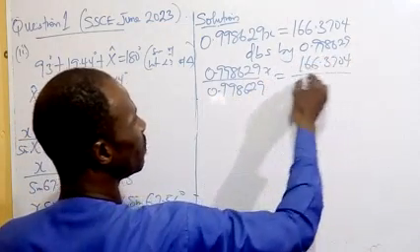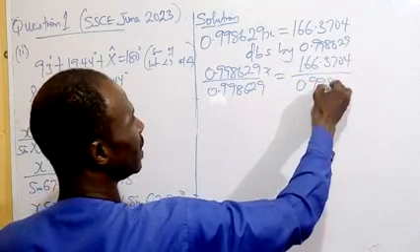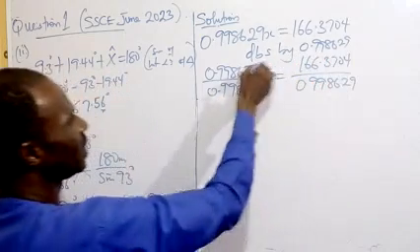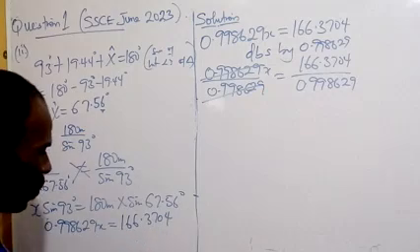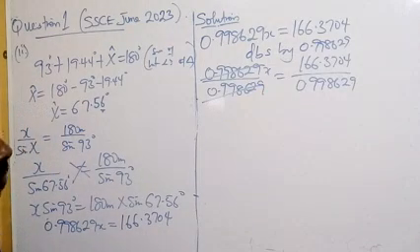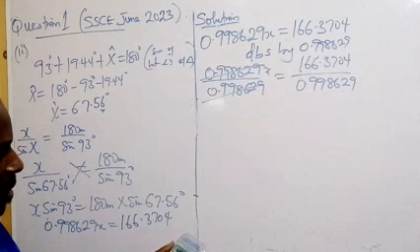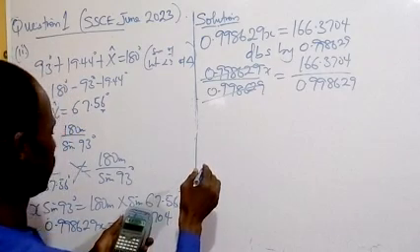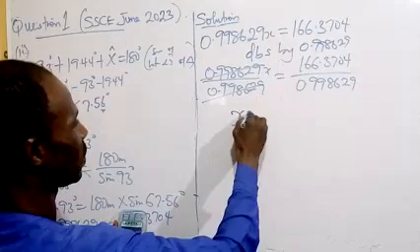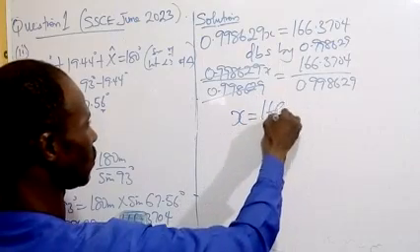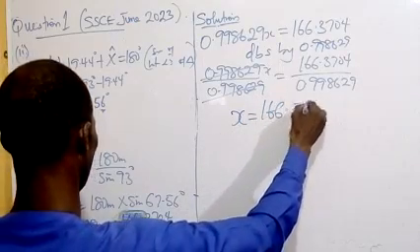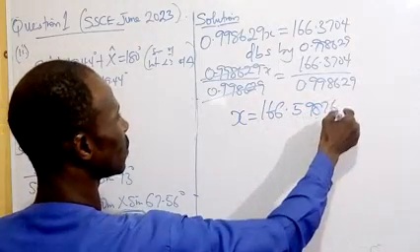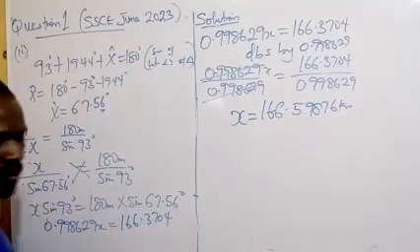So 166.3704 divided by 0.998629. Let's check. The value of x equals 166.59876 kilometers.